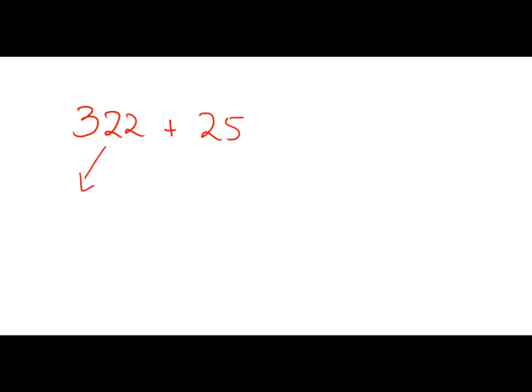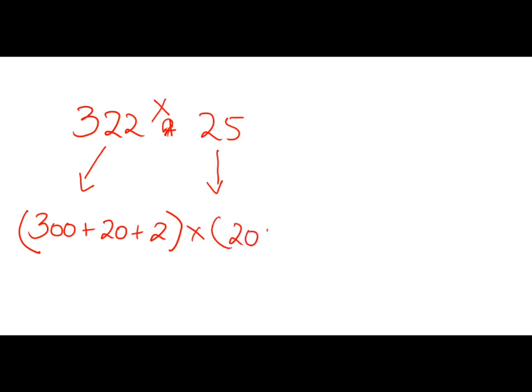Basically this number will be partitioned as 300 plus 20 plus 2. Here we will use a multiplication sign. Now this 25 will split into 20 plus 5. You will use these two split values in a grid and you will get your answer eventually.